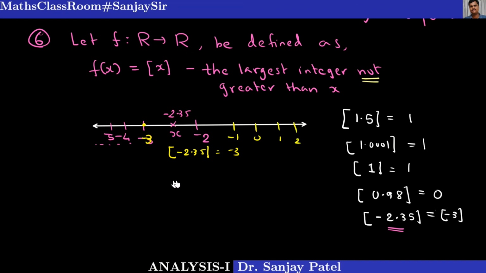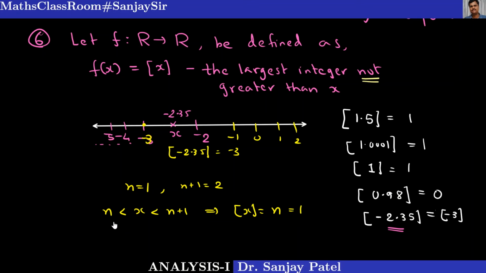So always take this way. For example, if I choose my interval to be 1 to 2, means if I take these two consecutive integers, say n equal to 1, and the next is n plus 1 is equal to 2, then for any x between these two values n and n plus 1, what I will get, the bracket x is the nearest integer on the left hand side, that is the largest integer which is not greater than x, and that is my n in this case, so it will be 1.